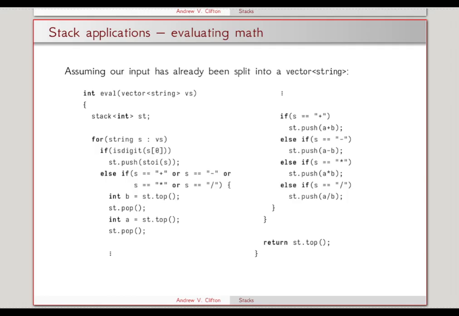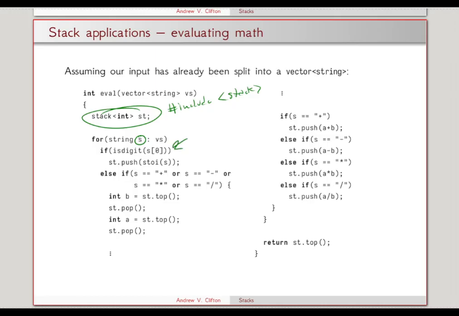So assuming that we've already split our input up into a vector of strings, here is the implementation. We have a stack of ints. Again, this is using the standard library stack, so this is #include <stack>. We loop over all the strings in the vector.